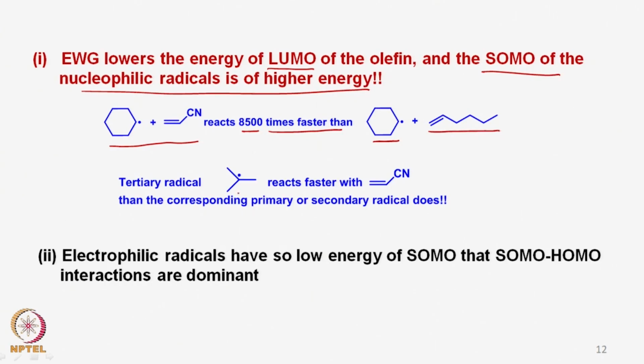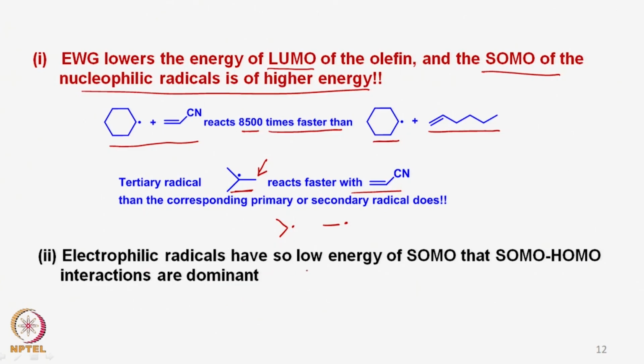A tertiary radical which is electron rich reacts faster with acrylonitrile than, say, a secondary radical or a primary radical, obviously because of the electron releasing nature of the substituents on the tertiary radical.